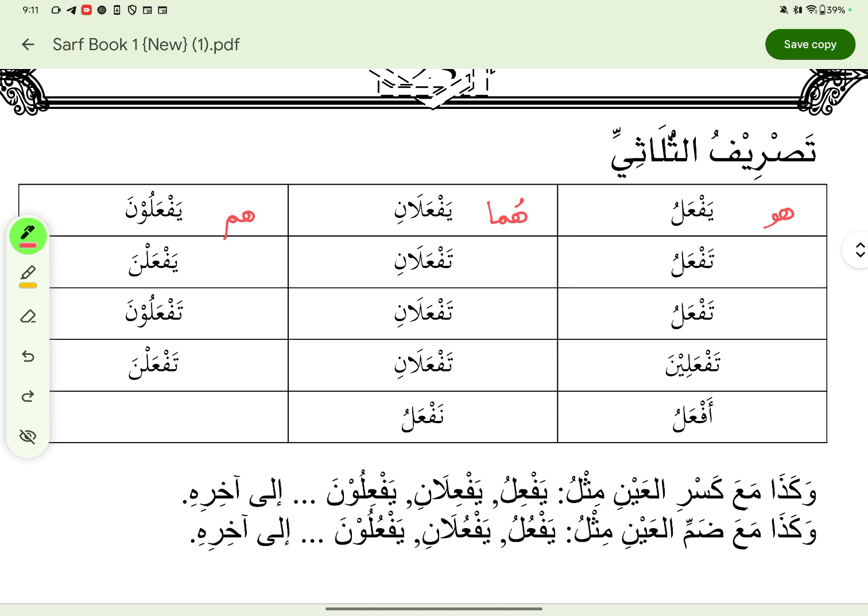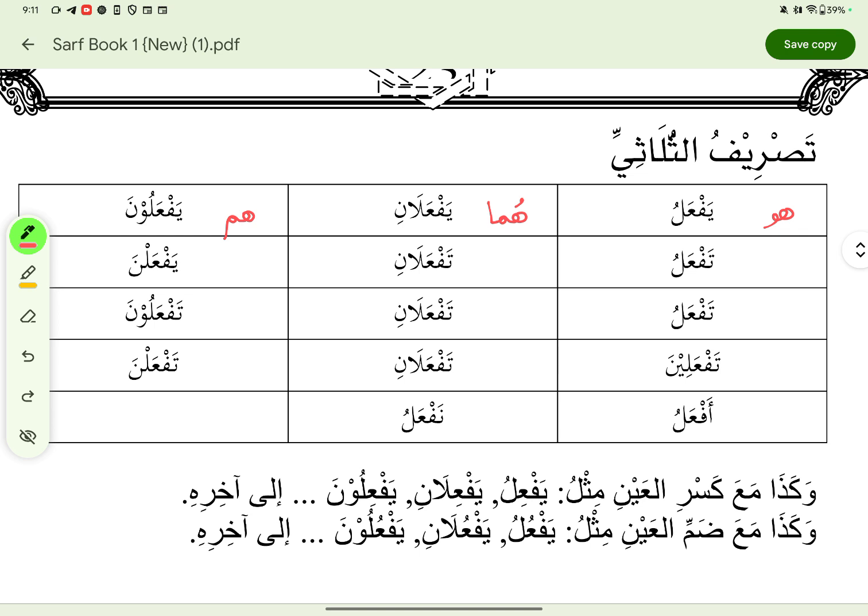In Arabic they have a pronoun, a damir, just to signify two people. We don't have that in English. We have he, they, him and them, but no pronoun to signify two people. But in Arabic they do. That pronoun is huma.